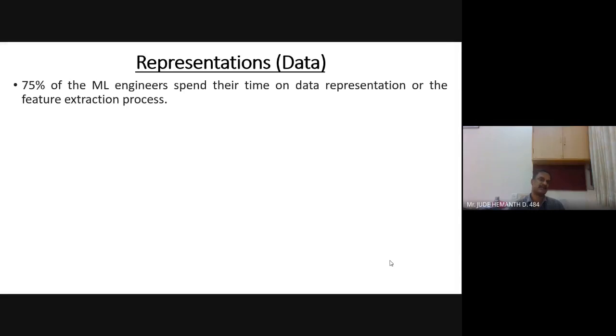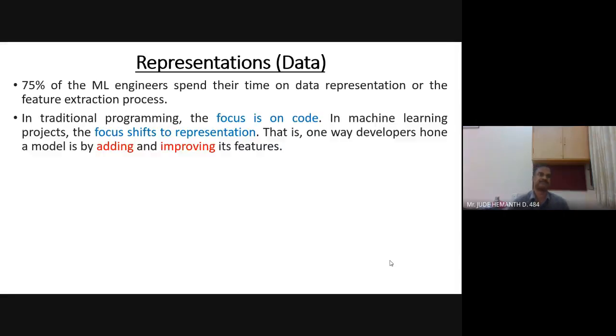A laptop and a mobile is something easy, but when you go for complex applications, how can a machine identify the unique characteristic features of a laptop and a mobile? Only then can it store those data and learn about them. So most of the time is spent on feature extraction.